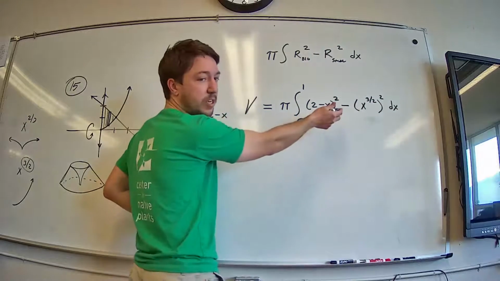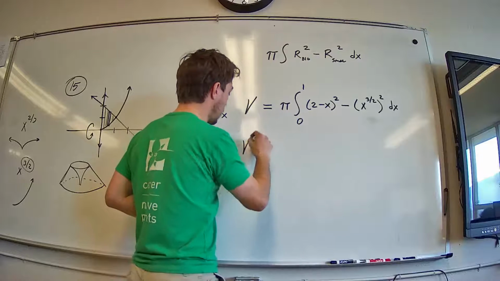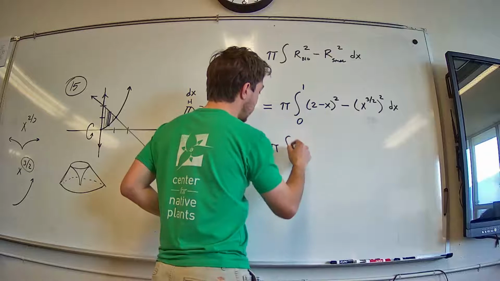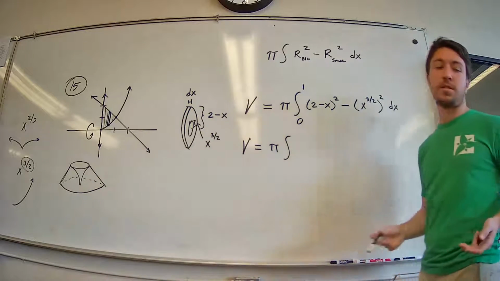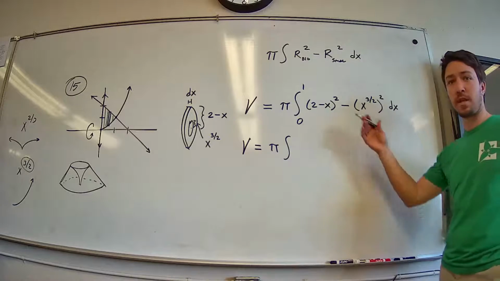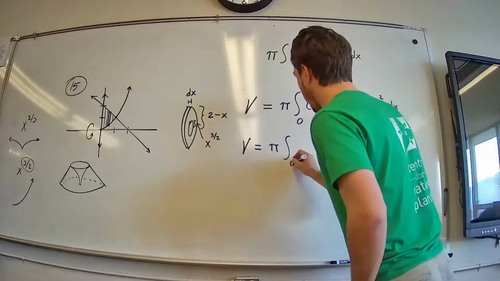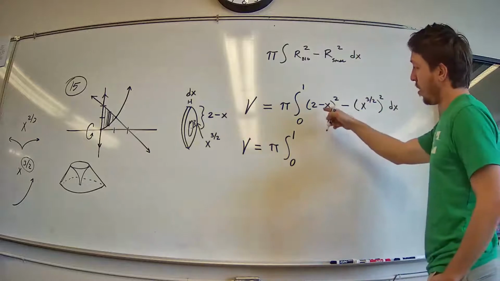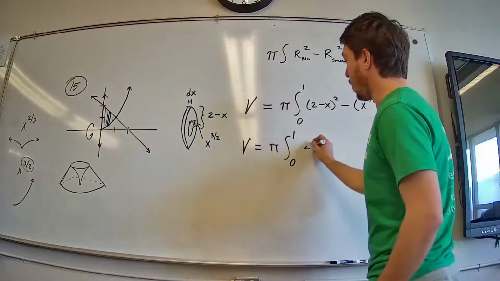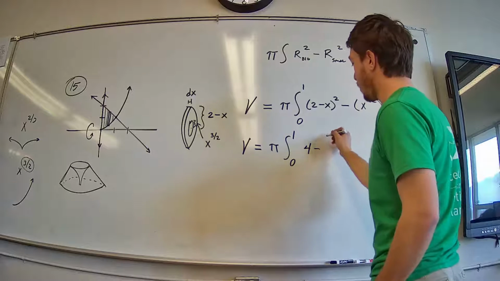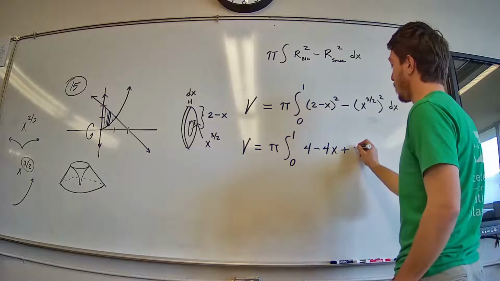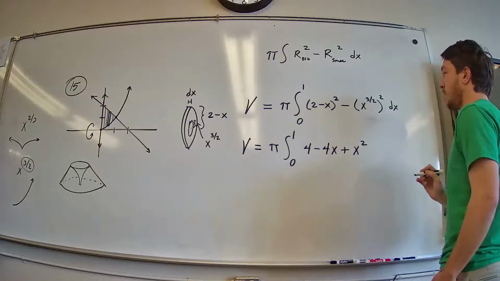Okay, don't be scared. This is actually an easy integral. I say that because it doesn't involve any u substitutions, doesn't even involve any manipulation. It's just going to expand out into a polynomial. So this expands into 4 minus 4x plus x squared.